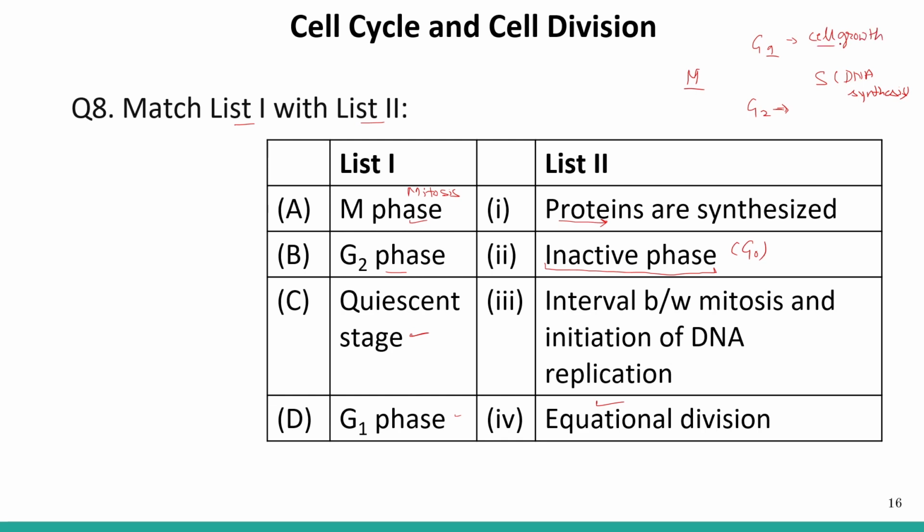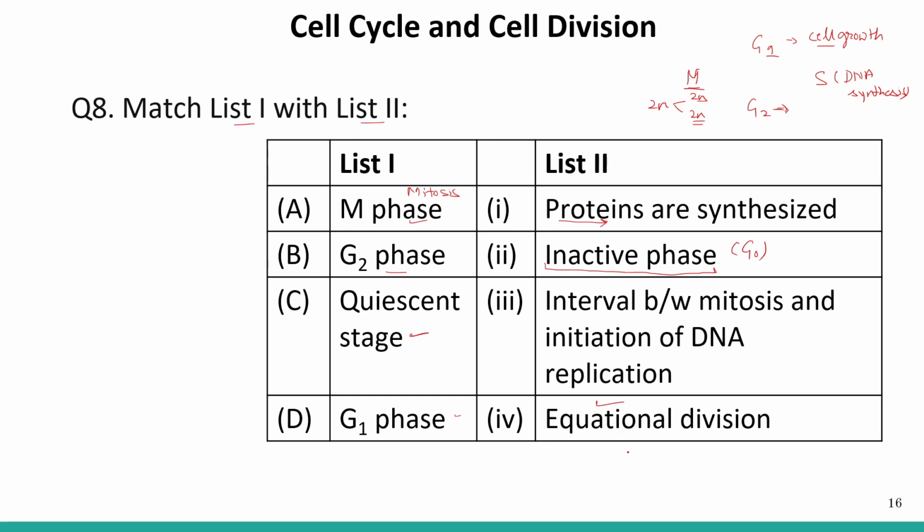M phase, mitotic phase, is known as the equational division. If the parent cell was diploid, it will give rise to two genetically similar daughter cells with the same chromosome number.